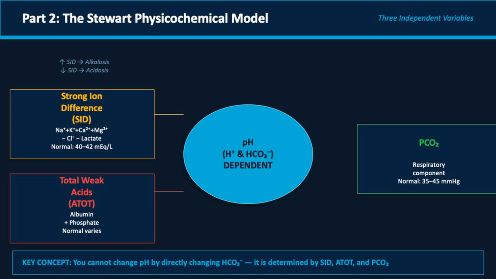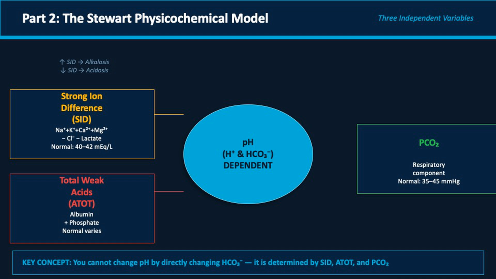Their net charge creates an electrical gap, normal SID equal to 40 to 42. When SID goes up, pH goes up. When SID goes down, pH goes down. So when you give a patient a lot of saline, the chloride goes up, SID goes down, pH goes down. That means acidosis. That's why saline causes acidosis.